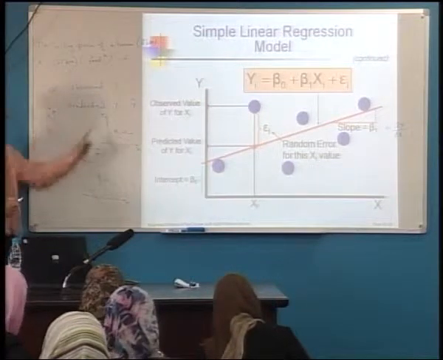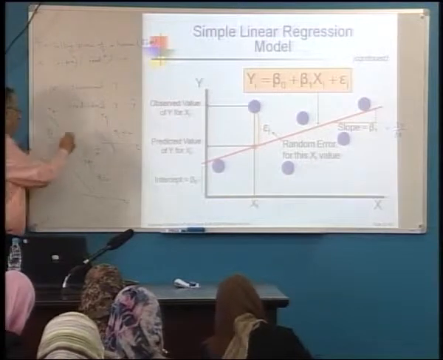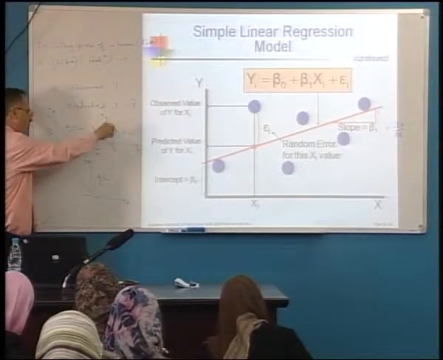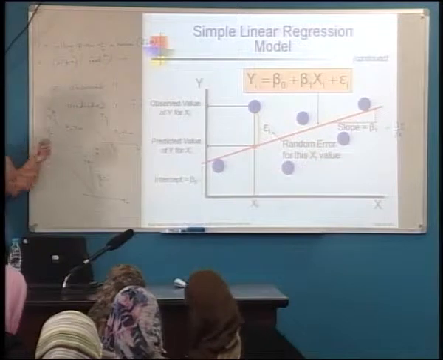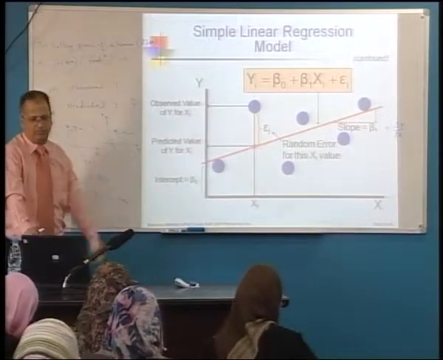So here there exists a negative relationship, but beta 0 may be positive or negative or equal 0. So again, the sign of beta 0 does not affect the relationship between the two variables.